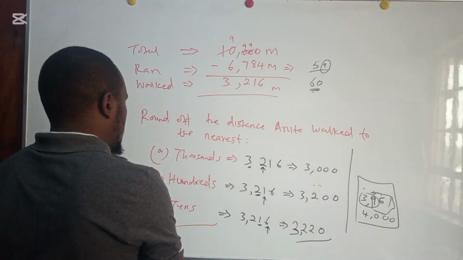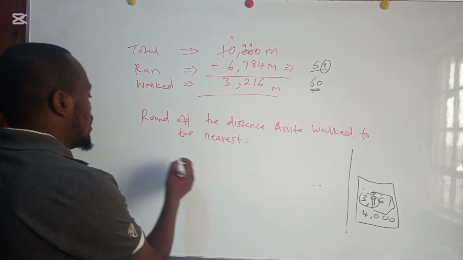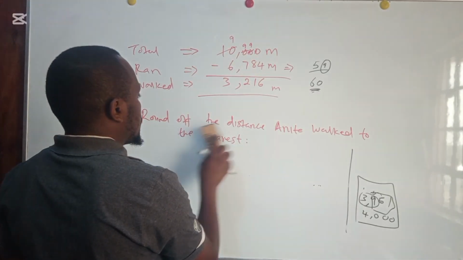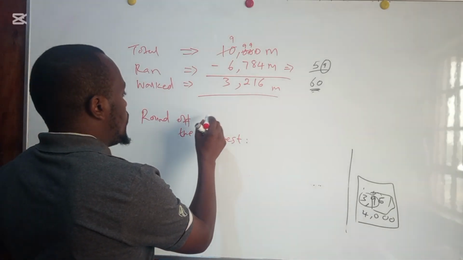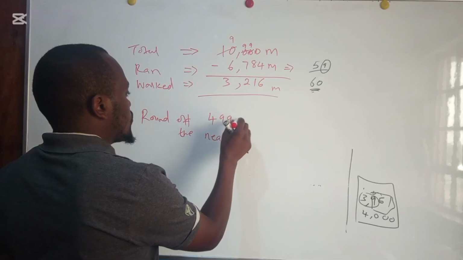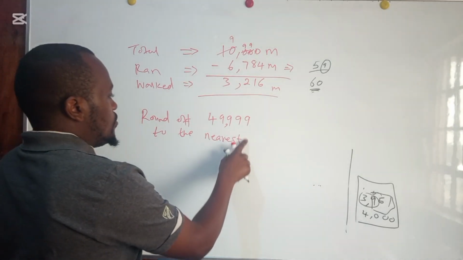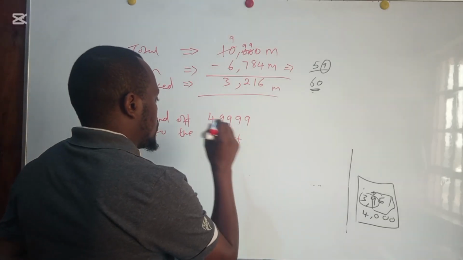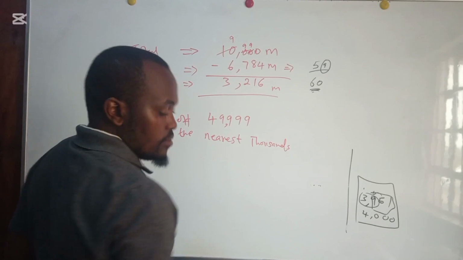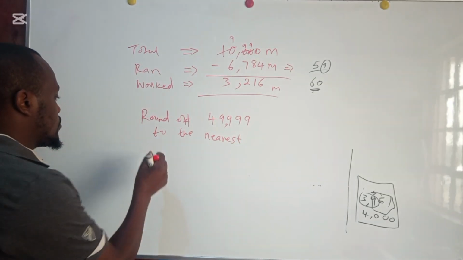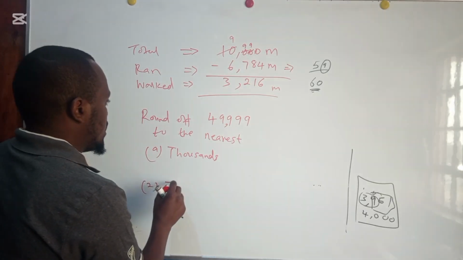I'll give you this as something you can attempt. Lastly, because of this part, round off to the nearest thousands, to the nearest thousands, and to the nearest tens.